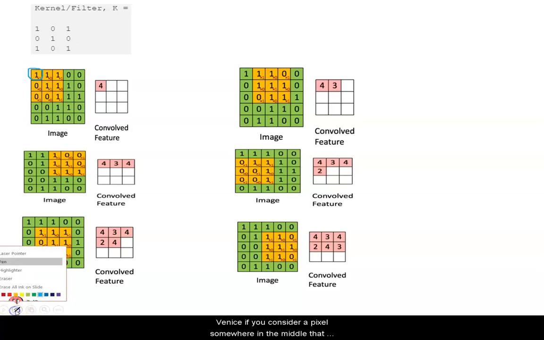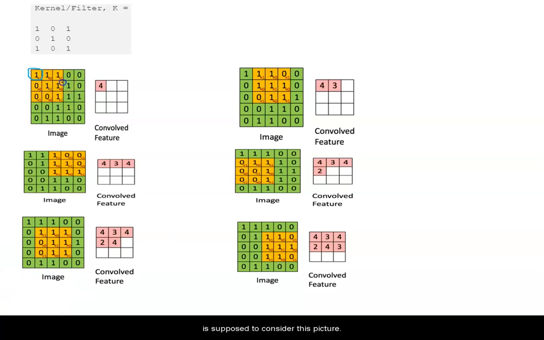Whereas if you consider a pixel somewhere in the middle, suppose you consider this pixel, in that case this pixel becomes a part of so many overlaps. So it is used here, then it is used here, right? It is also used here, and it is also used here.